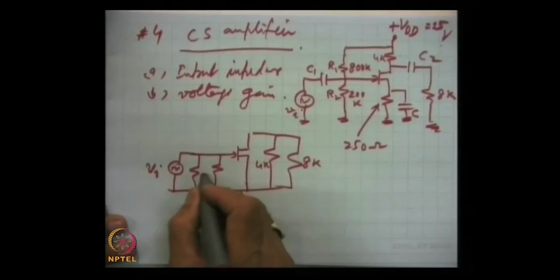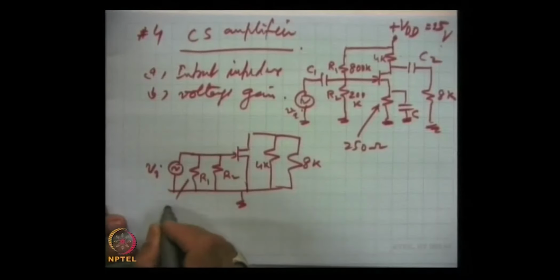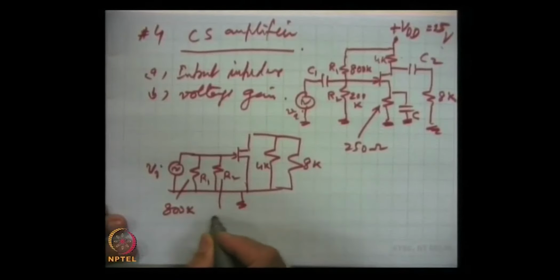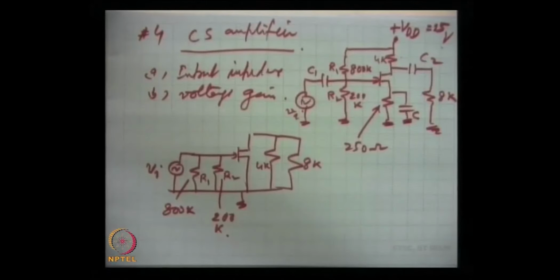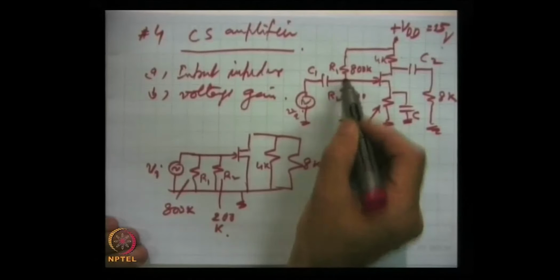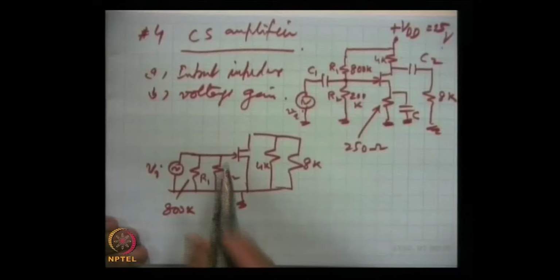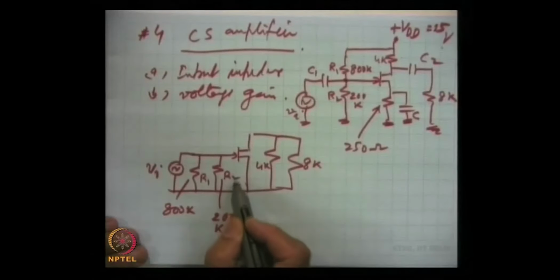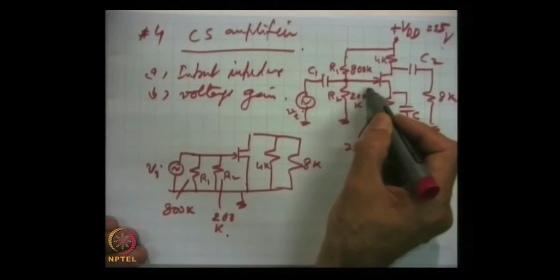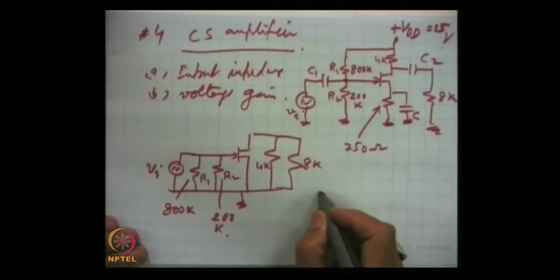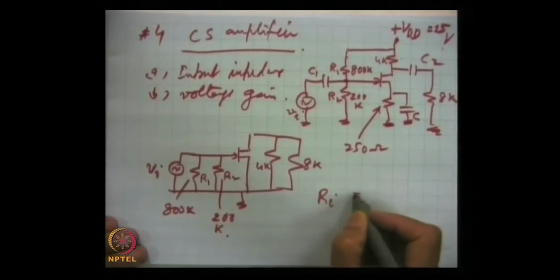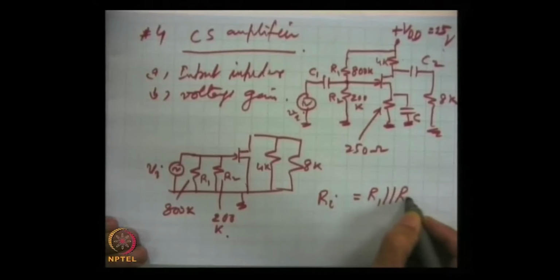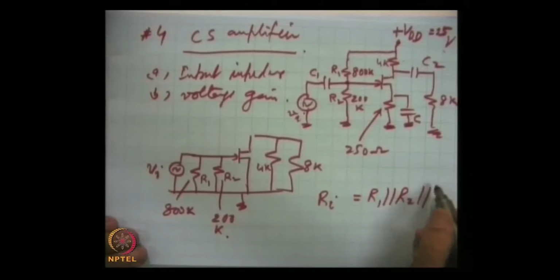This is R1, this is R2, this is 800 K, and this is 200 K. Now, first the input impedance. Looking at the equivalent circuit, they are coming in parallel, and to this will come the impedance of the device itself, the input here. So, the input impedance of the amplifier is R1 in parallel with R2 in parallel with the Zi of the device.